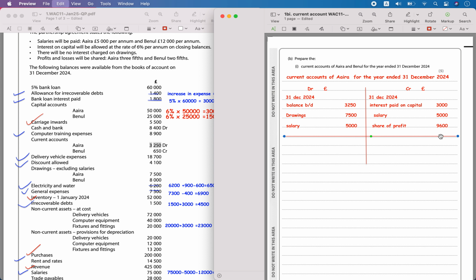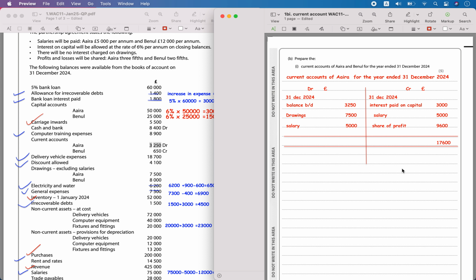So let's add up the total on both sides. 3000 plus 5000 plus 9600, that's equal to 17600. So let's write here 17600. Then let's add up on this side. It is 3250 plus 7500 plus 5000.